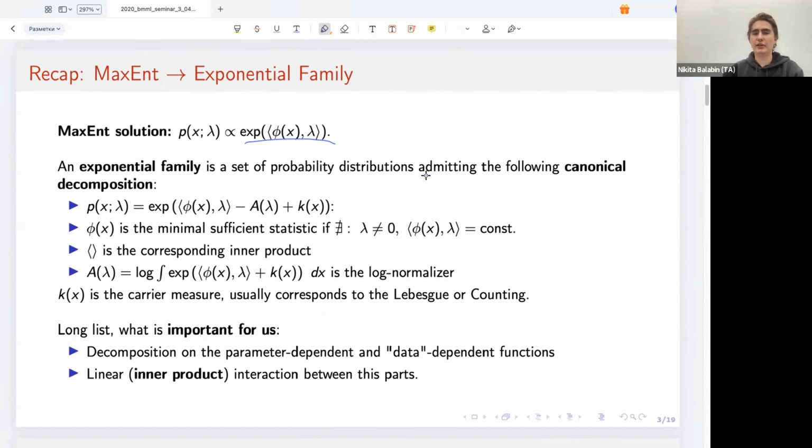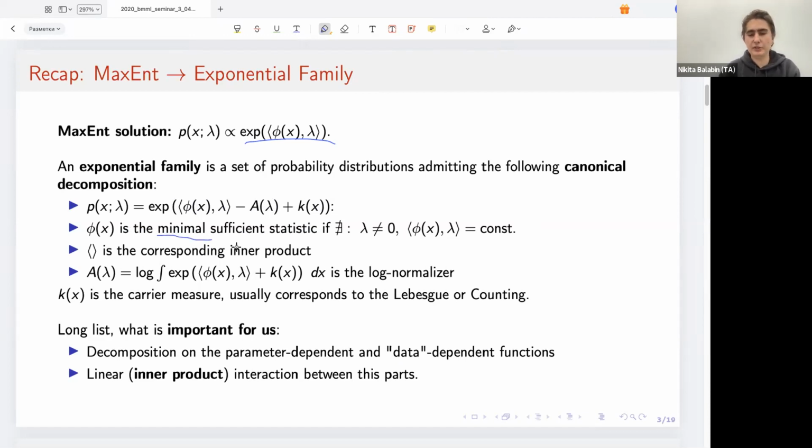Okay, and also there was an exponential family that is described as follows: our density has the following decomposition. We have our features, we have our natural parameters, we have a normalization constant, and some additional function of data. Here phi of x is the minimal sufficient statistics.